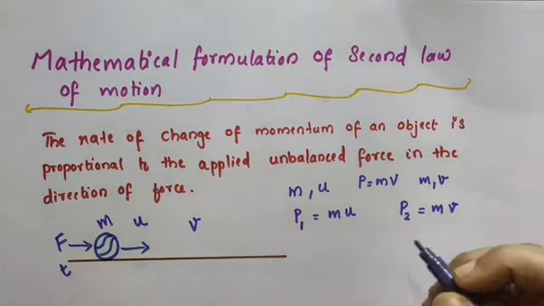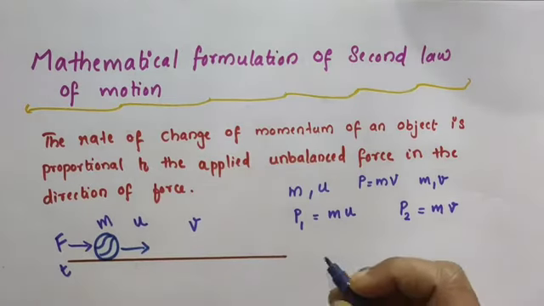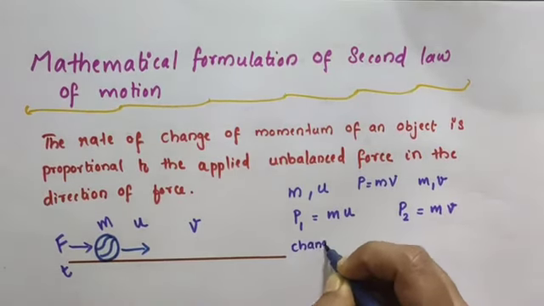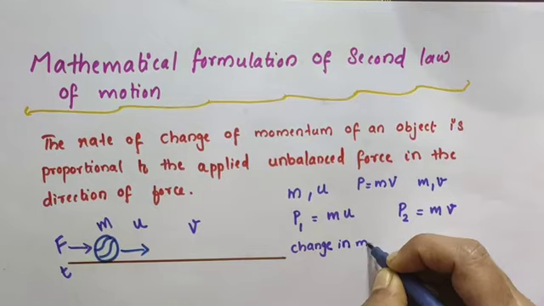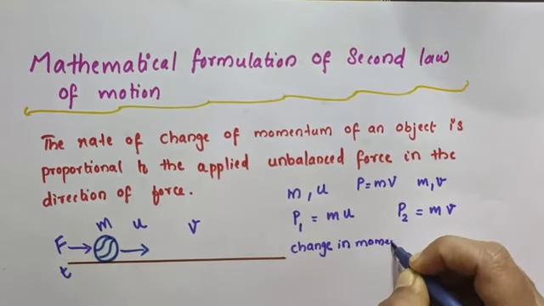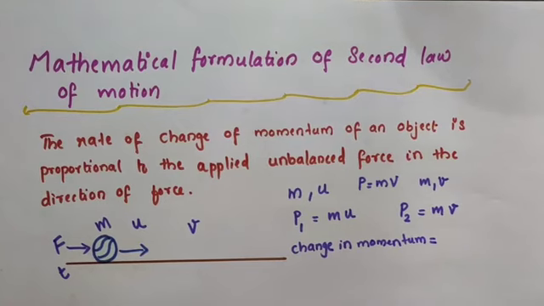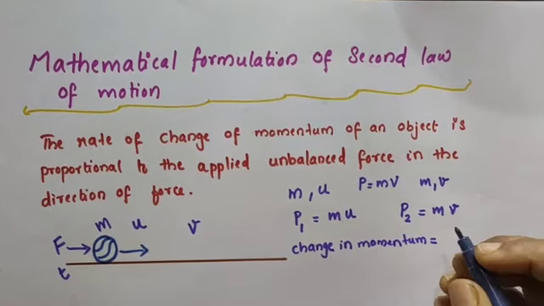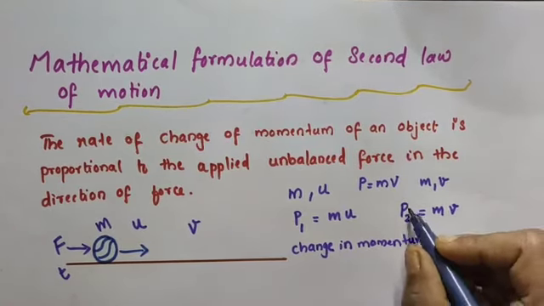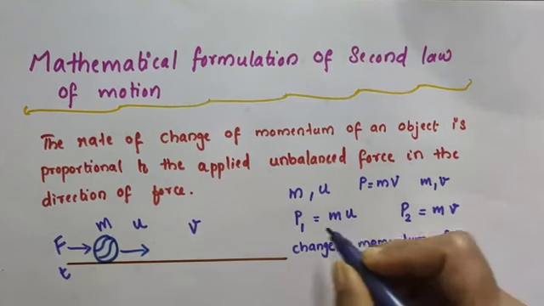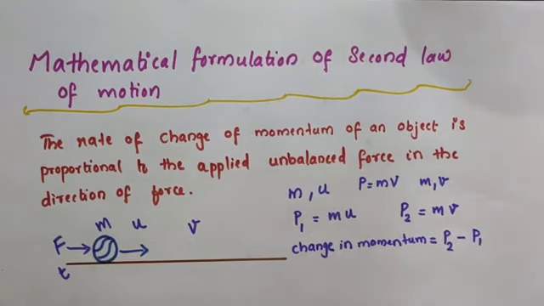Now, what about the change in momentum? Change in momentum is equal to final momentum minus initial momentum, that is p2 minus p1.